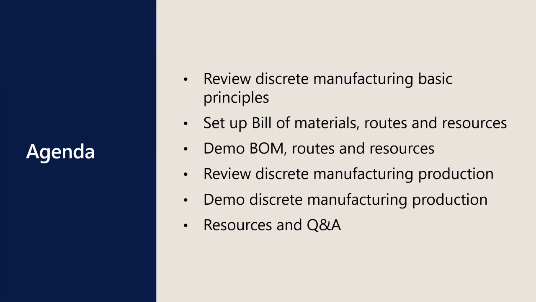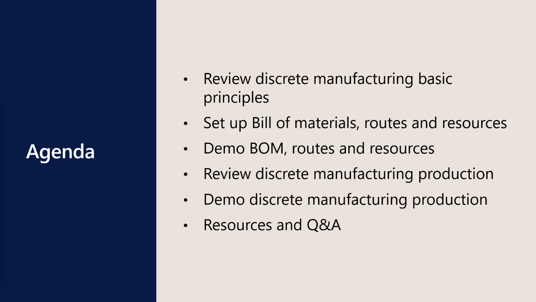Okay, so now what we are going to cover today. We will start by reviewing the discrete manufacturing basic principles and what it means for Dynamics 365. We will walk through the setup of a BOM and a route for our Purple Pillow company. Then I will pass it over to Uday to walk us through the scenario during a demo.